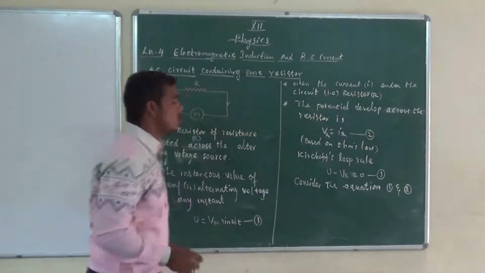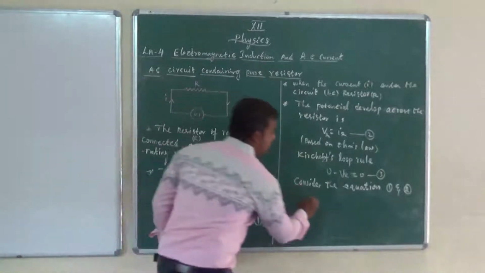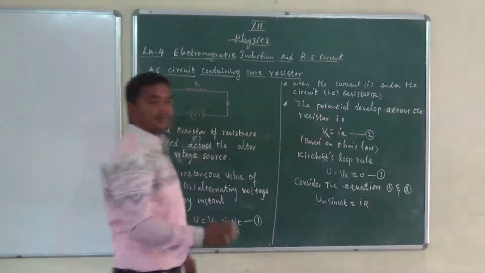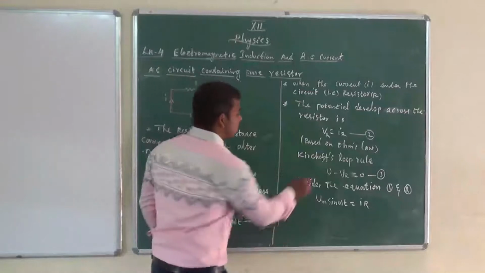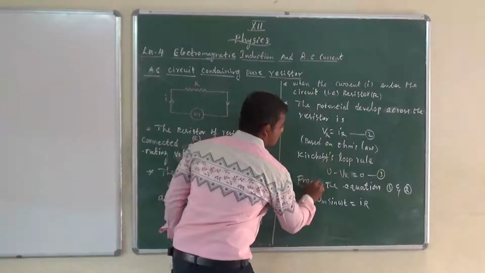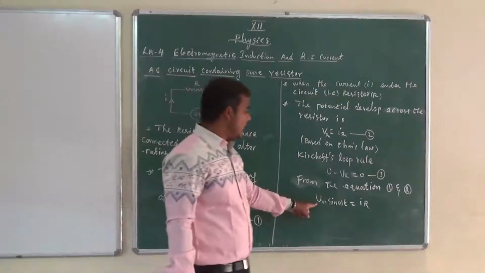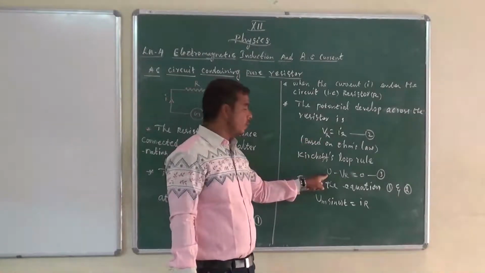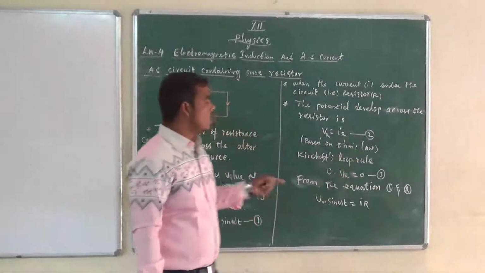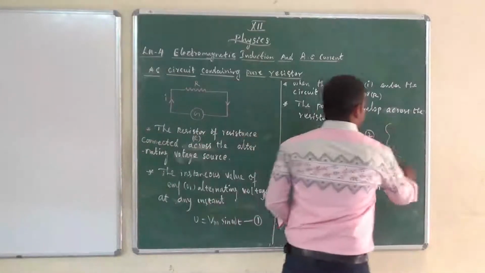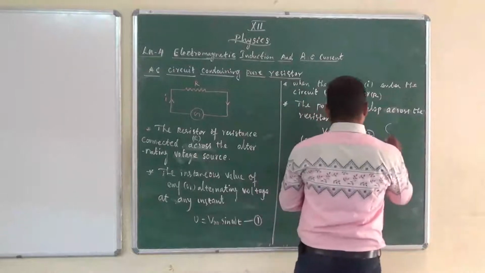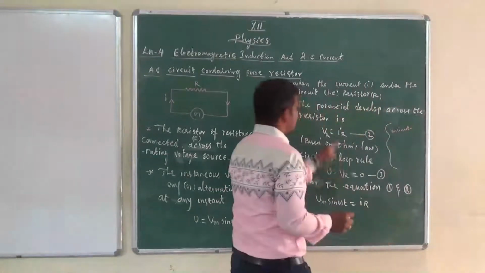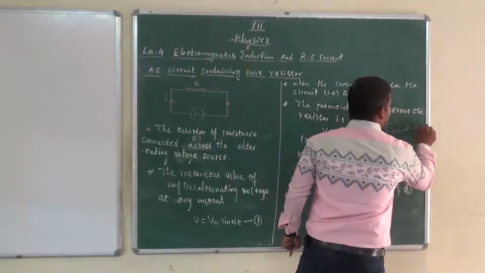From equations 1 and 2, it is simple: just substitute V equals Vm sin omega t and VR equals IR in the equation V minus VR equals 0. So V is nothing but Vm sin omega t, minus VR, which is IR, equals 0.